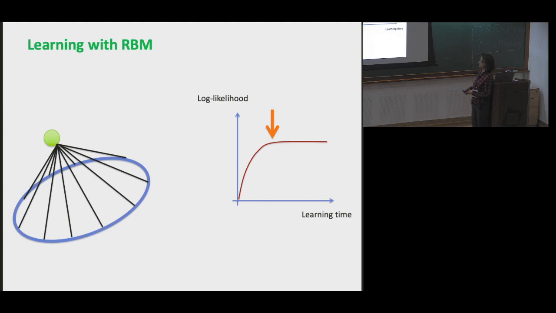So we started by learning an RBM on this system with just one weight to see what the weight in this case will look like. And so during learning, we have measured the log likelihood, and here I will show you the weight you have, for example, when you have reached a maximum of the log likelihood.